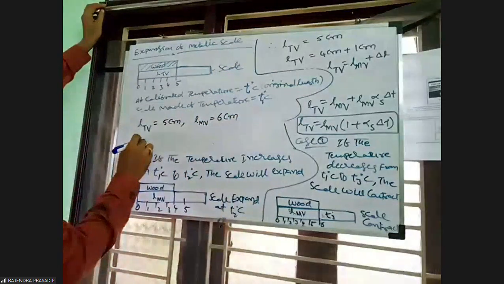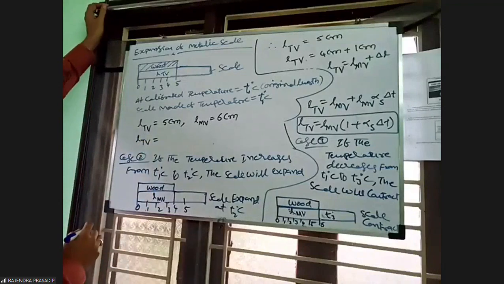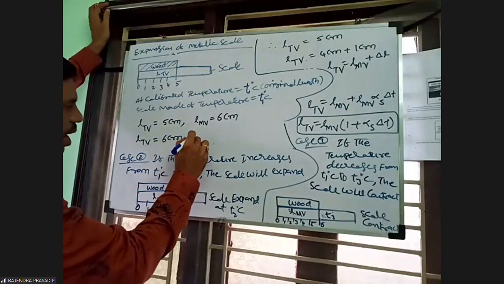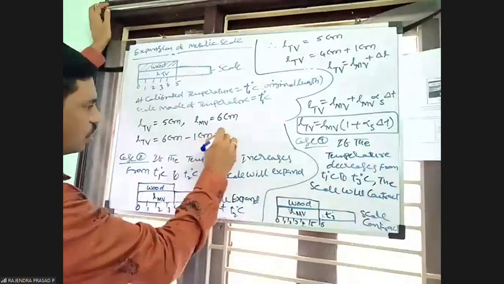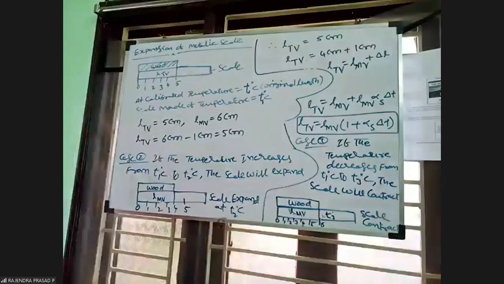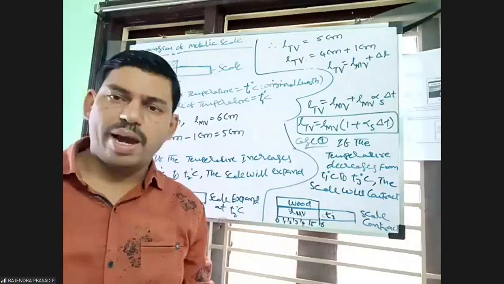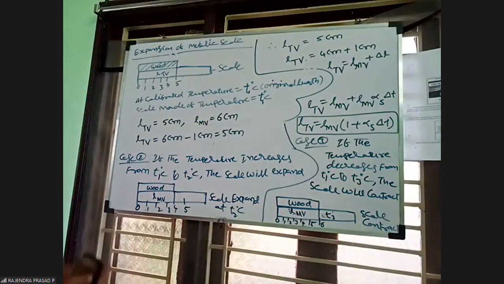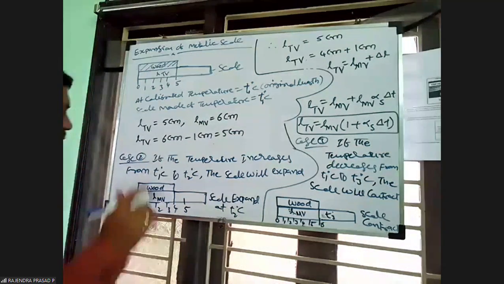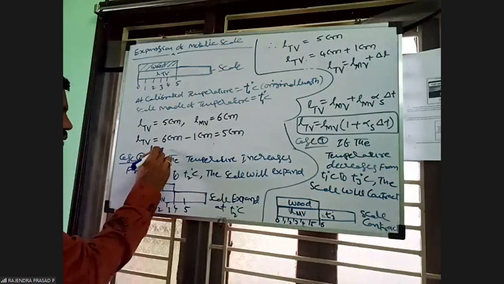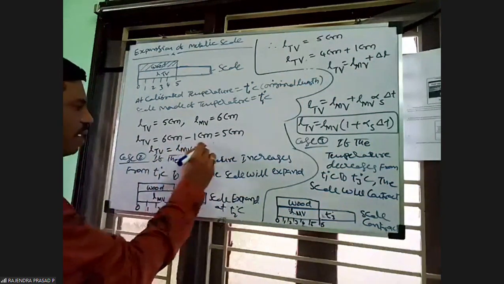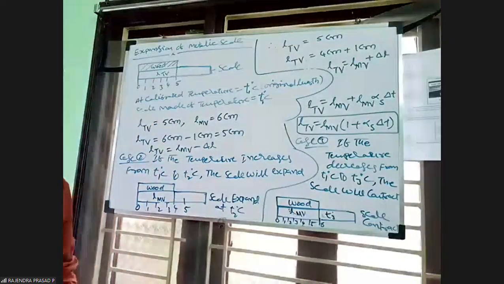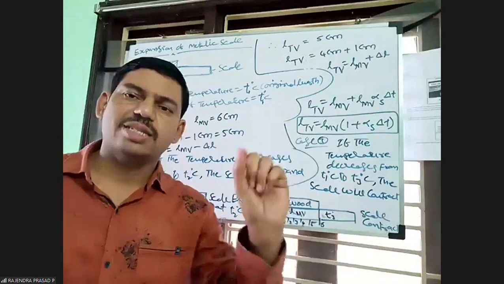So L true value is equal to 6 centimeter minus 1 centimeter, which equals 5 centimeter. So L true value is equal to L measured value minus delta L. So when temperature decreases, the error is subtracted.